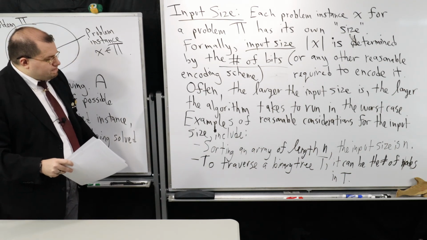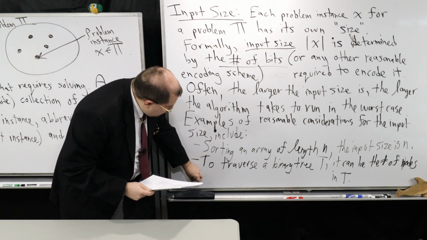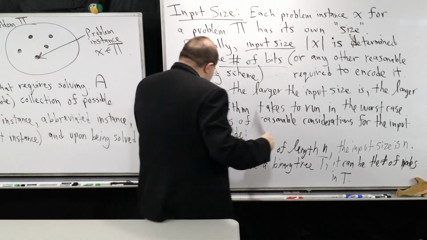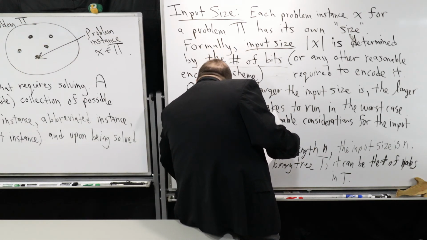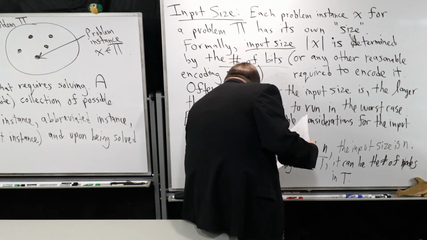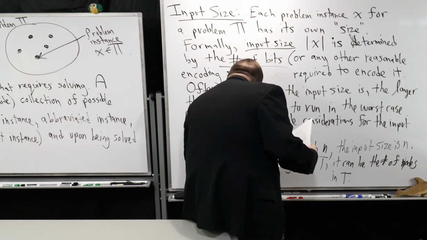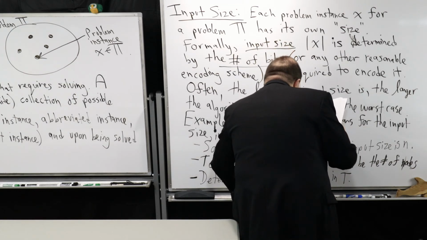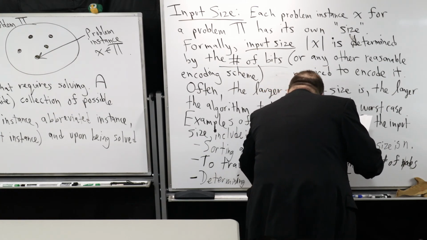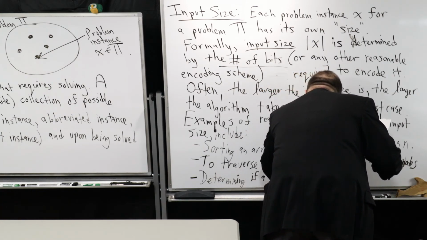Another example, one that's a little bit more of an outlier in this whole situation: determining if a number is prime.